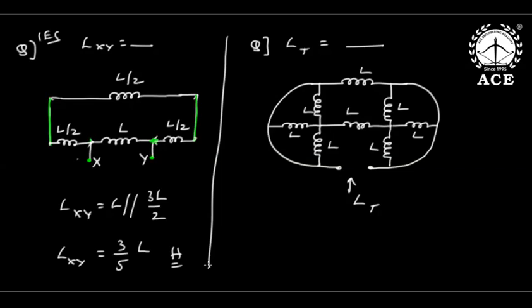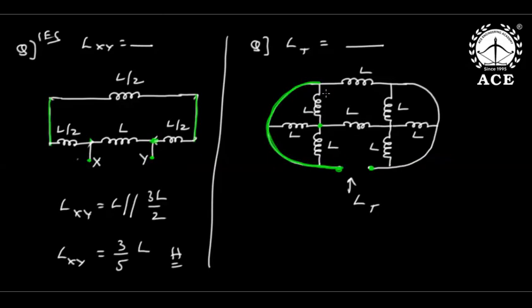Then here also, if you observe, I need the inductance L total. Now carefully, this is not a short circuit, because there is an inductance here. But carefully, between this node and this single node, all three inductors are parallel.